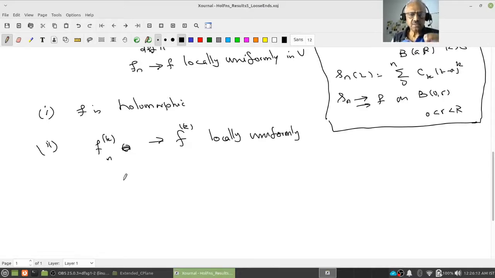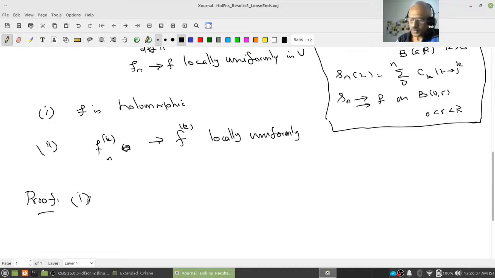The moment I know Fn converges to F locally uniformly, I know F is holomorphic, therefore it's infinitely differentiable. Therefore I can talk about this kth derivative of F. Then the kth derivative sequence of Fn converging to the kth derivative of F locally uniformly is something fantastic. So let us go through a proof.